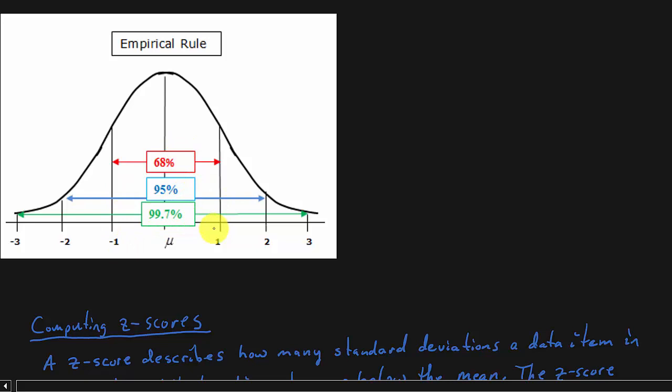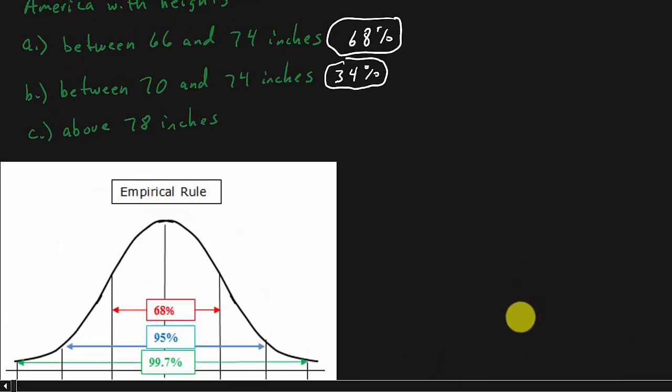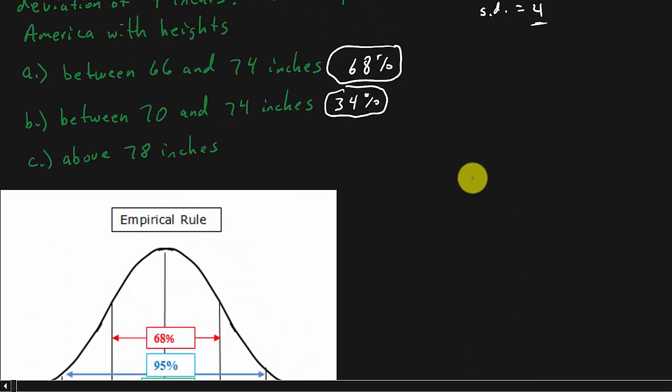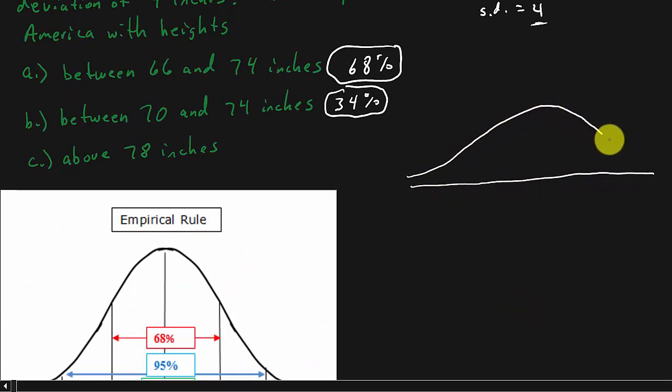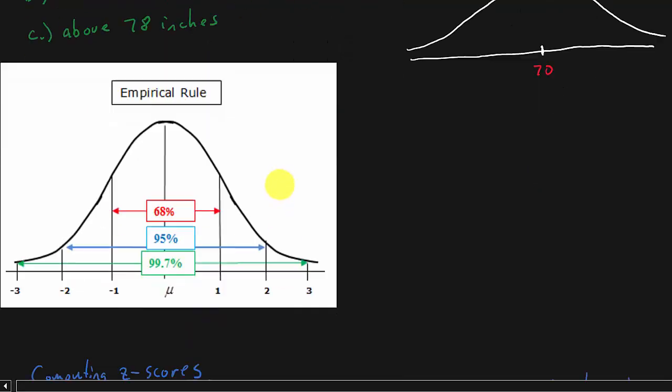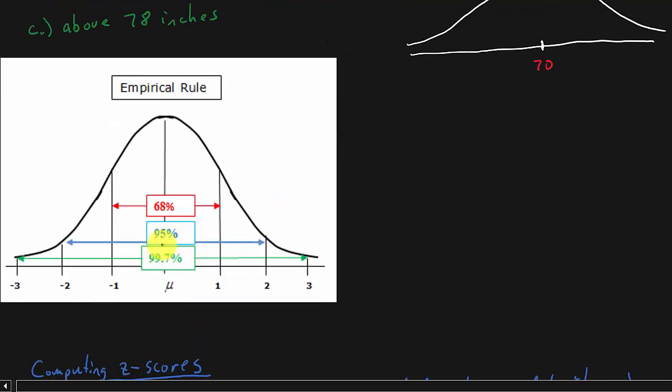Just label it out so you'll have it there, and it makes these problems a lot easier to work. And you can see it's really not memorizing anything of how to work something. It's just basically sketching it out and then going back and looking at this thing and just reasoning it out.